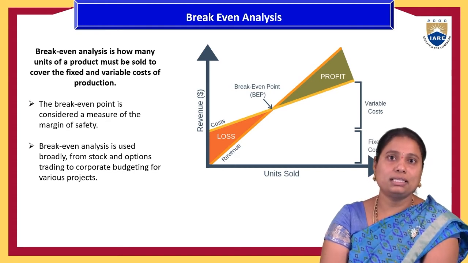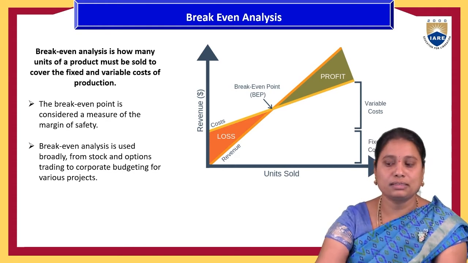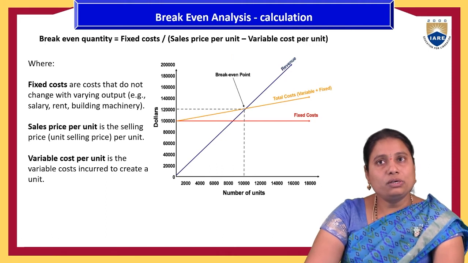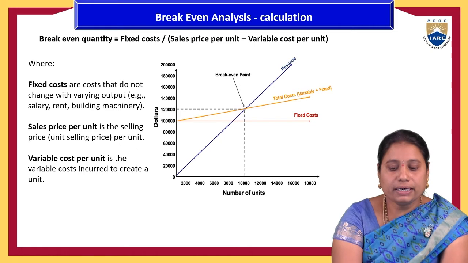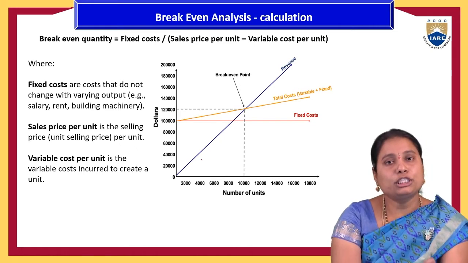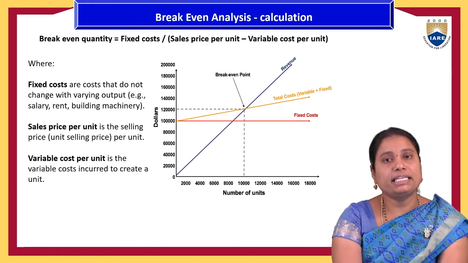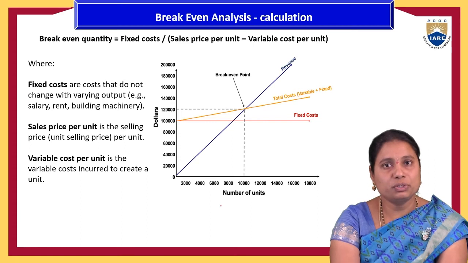That is called break-even analysis. In the break-even analysis calculation, every expenditure of the product is categorized into two elements: the fixed cost and the variable cost.